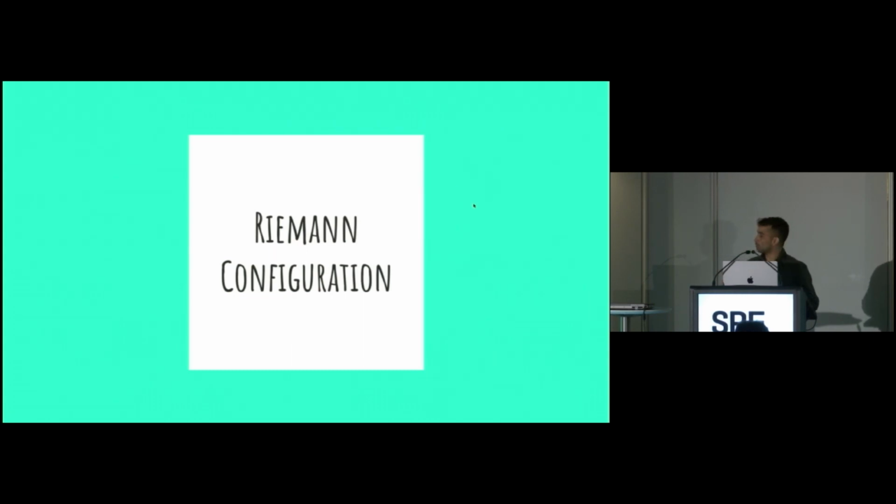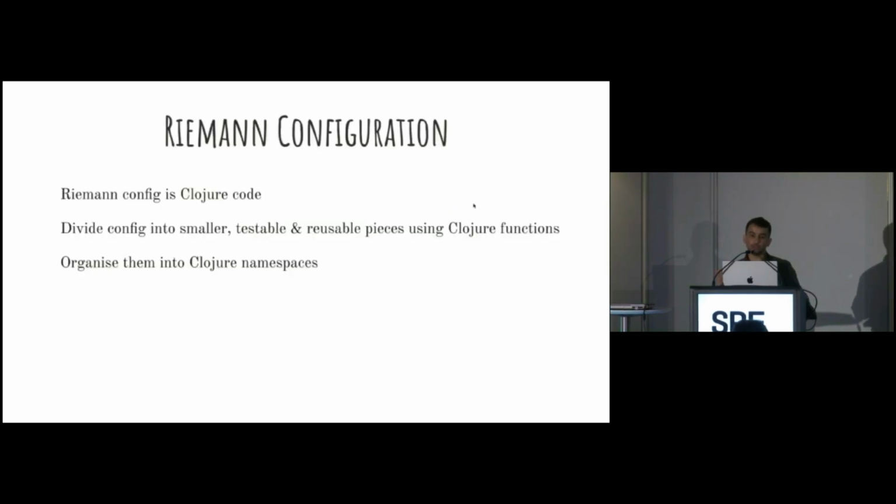If there is one thing I would like you to take away from these slides, I would say it is the Riemann configuration. It's very unique because it's Clojure code, and the meaning of this is you can actually leverage all the language-specific features.